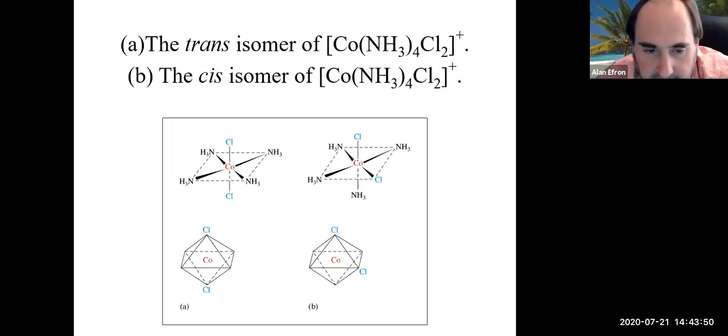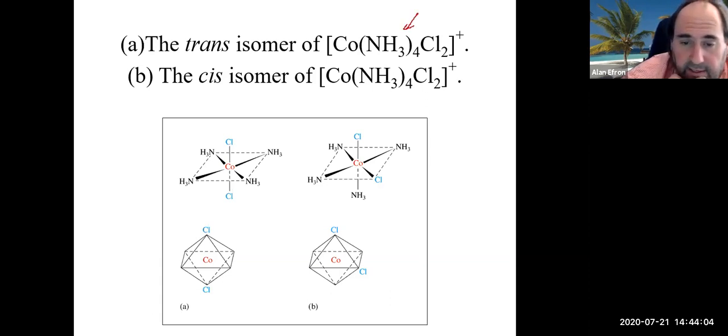Here's another example of a cis and trans. This is the trans isomer of this complex ion, and this is the cis isomer of it. Again, you can see the formula is exactly the same, but it is the orientation in three-dimensional space. In A, our trans, the NH3s are all within the same plane.